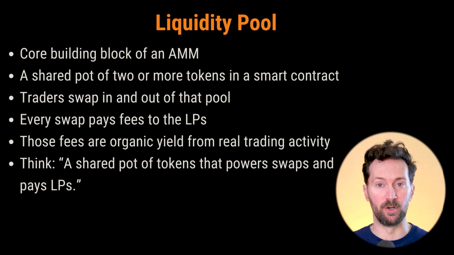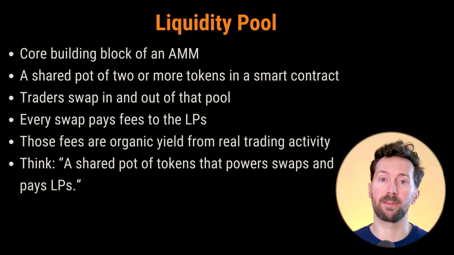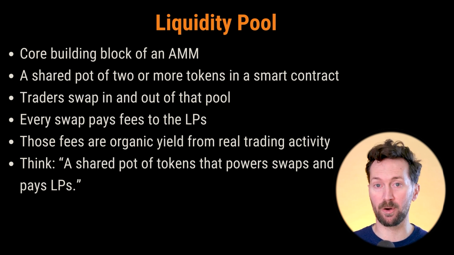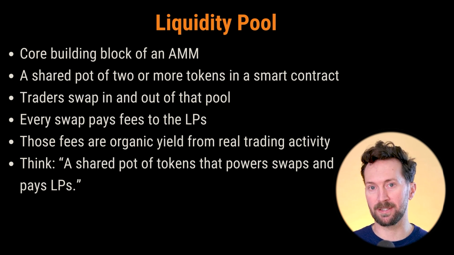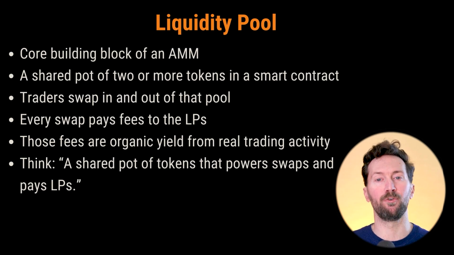That fee revenue is often called organic yield because it comes from real trading activities, not emissions or other incentives. So when you hear liquidity pool, think a shared pot of tokens that powers swaps and earns fees for the people who filled the pot.